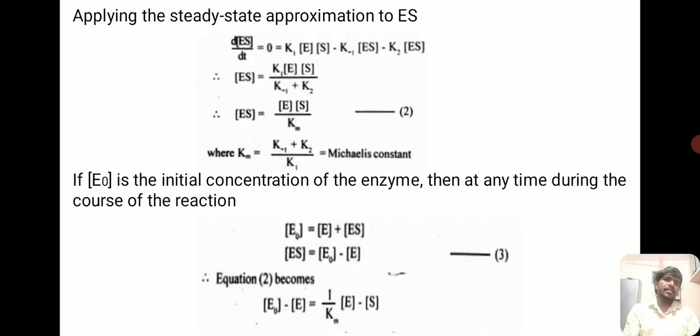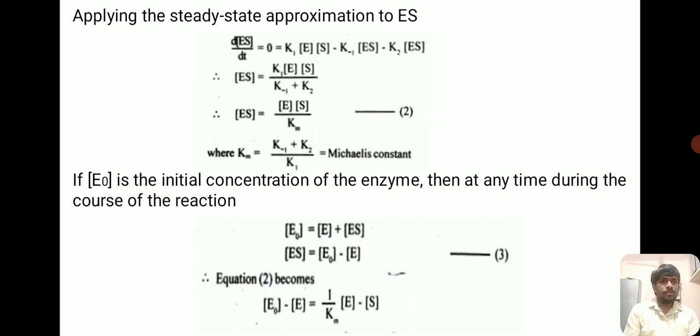Applying the steady state approximation to ES, it is given by d[ES]/dt = 0 = k₁[E][S] − k₋₁[ES] − k₂[ES]. So [ES] = k₁[E][S] / (k₋₁ + k₂).